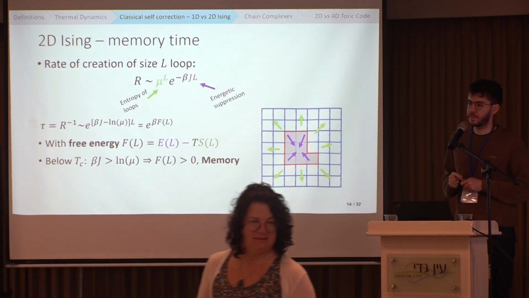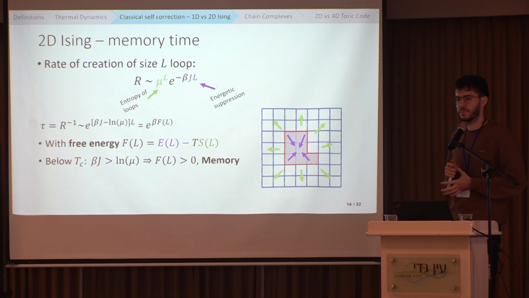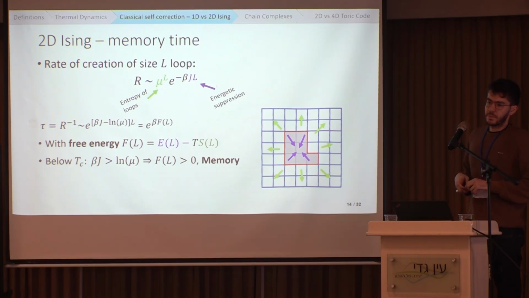So two mathematical comments on this. First of all, there is such an area called counting lattice animals, which is exactly what you do here. And it's known to have a constant, but they don't really know it. So this is only if you want a qualitative argument, there is no problem.